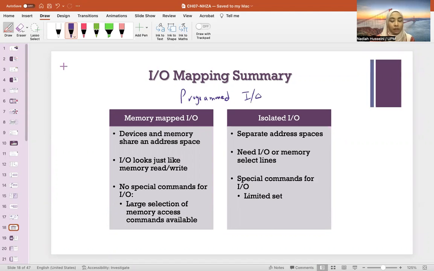You have your memory mapped and your isolated I/O. Memory mapped combines the address and the memory device in a shared address space. Isolated separates these 2. And then you have a limited set of commands. The commands for memory mapped can be made very, very detailed or very complex and very special. Okay, so those are the 2 differences.